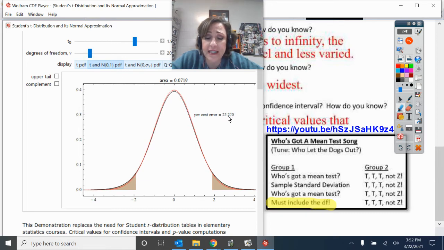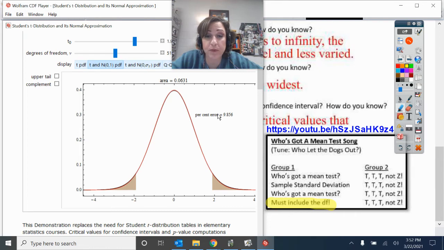And you can even see the percent difference, the percent error between the area of the normal model and the T curve. So there are slightly different percentages that you are getting in these tails from the T curve versus the normal model. And look what happens as I get my degrees of freedom bigger.